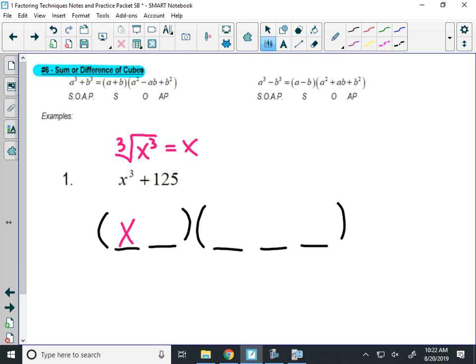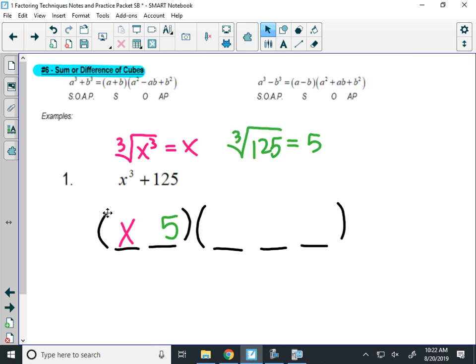Now, I'm going to take the cubed root of 125. We already did that. What's the answer? 5. 5 goes in the second blank. Don't worry about signs yet. I will come to the signs at the end. I want to fill in the blanks first. So I took the cubed root. I have an x and a 5. Now, let's deal with our trinomial. To fill in the first blank of the trinomial, you square the first guy over here.